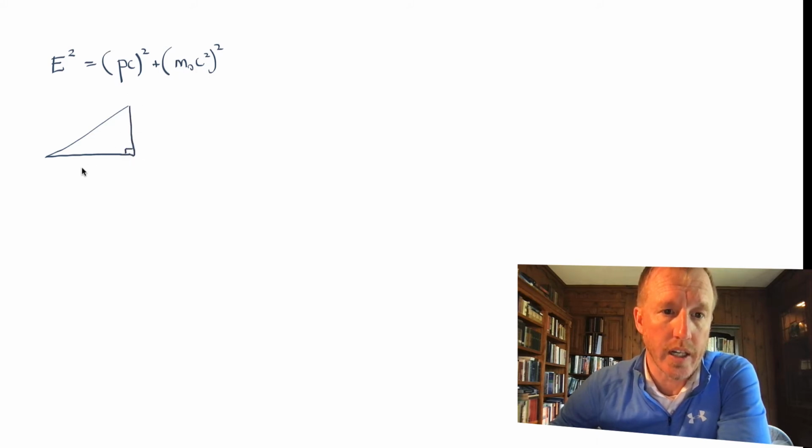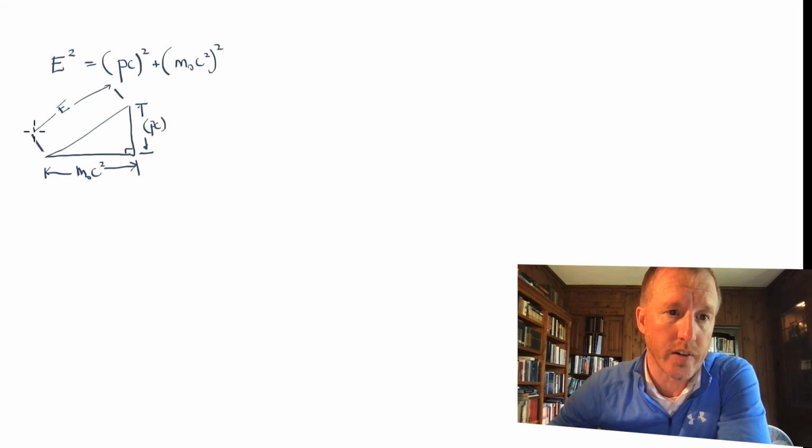It looks like a Pythagorean triple where this side is m naught c squared. That represents the rest energy. And this is the contribution of the momentum times the speed of light. And on this side, the length of that side of the triangle then becomes the total energy of this particle or object under consideration.